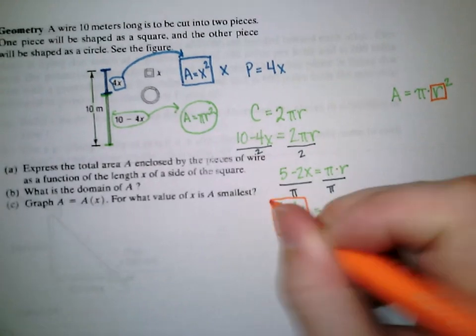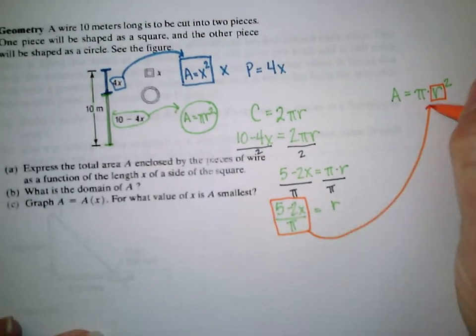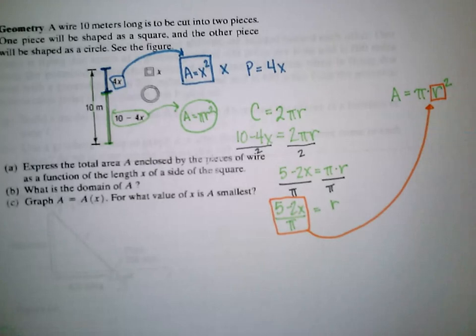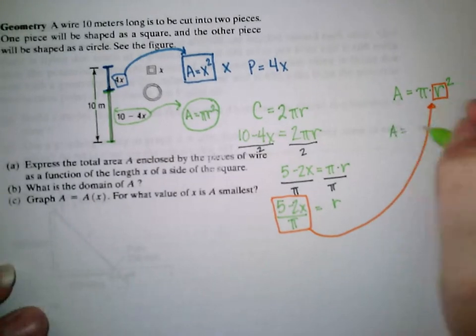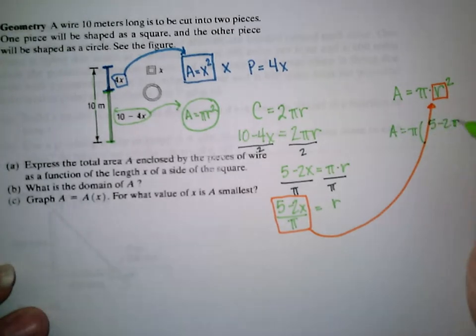Now I can replace my radius over here with that expression. So area for my circle ends up being pi times 5 minus 2x over pi, squared.